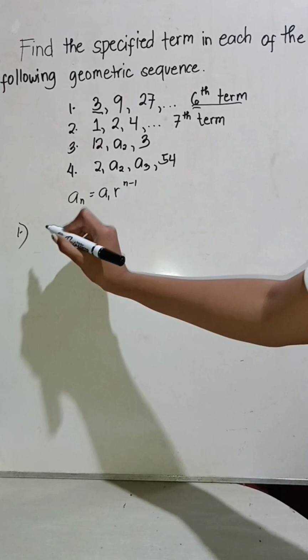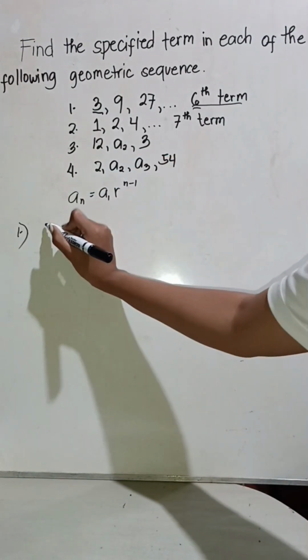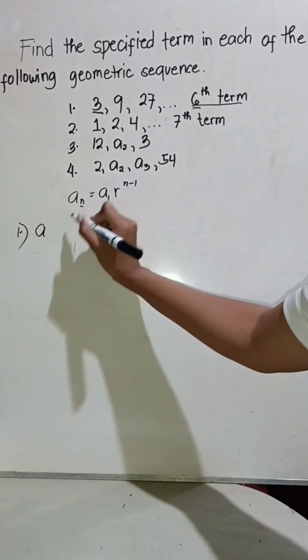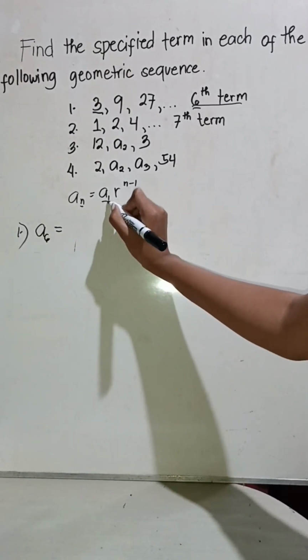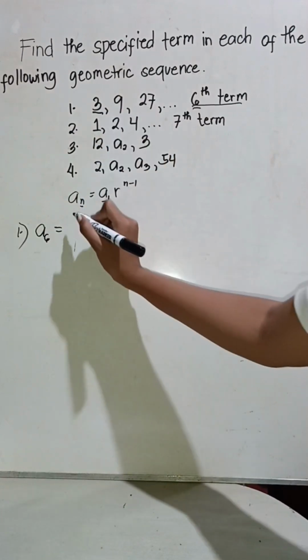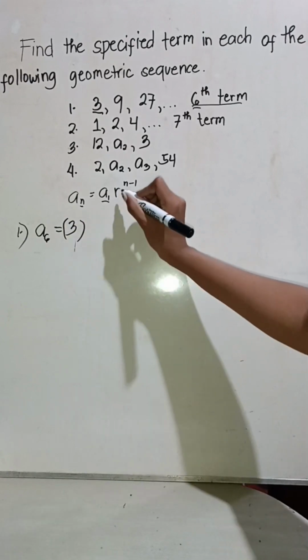What we are finding is the sixth term, so our n is 6. a sub 6 is equal to a sub 1, which is 3, times r.